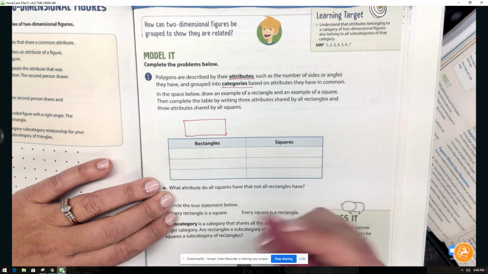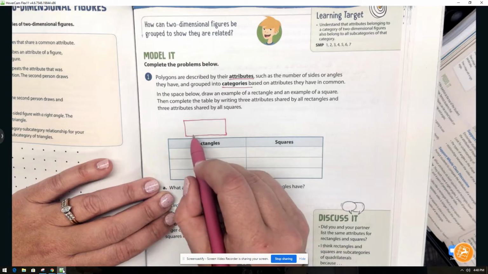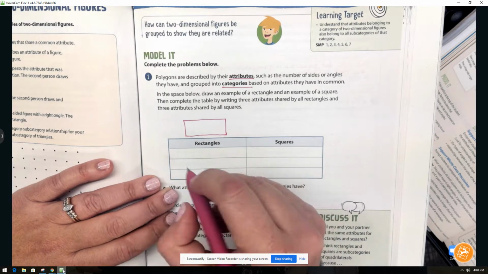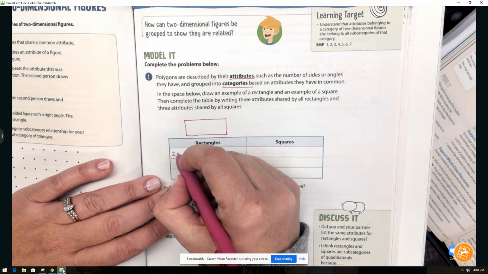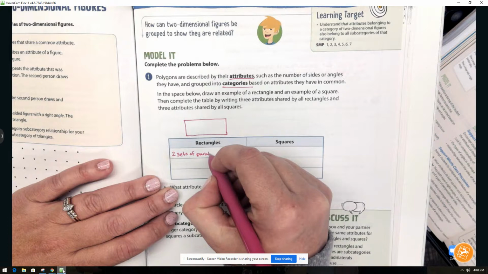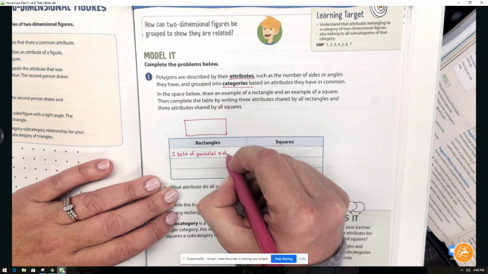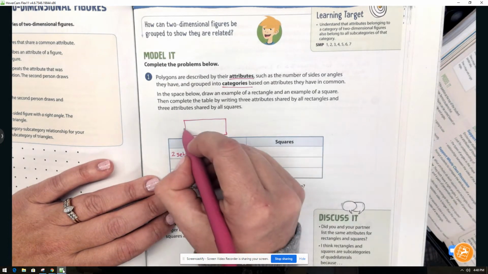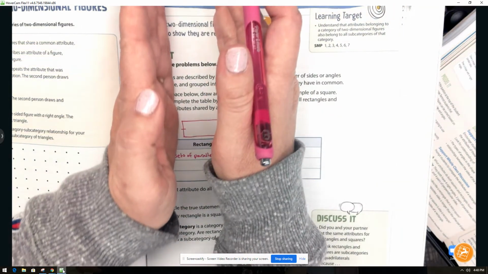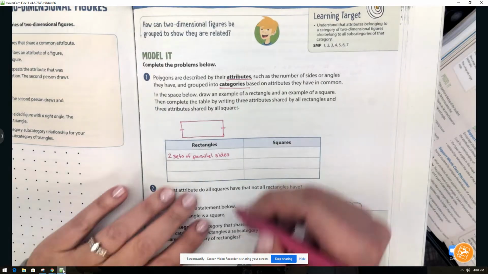Okay, well, immediately when I look at it, I notice that the rectangle has 2 sets of parallel sides. What that means is this side here and this side here will continue forever and never touch because they're parallel.